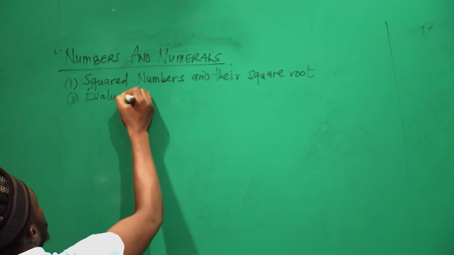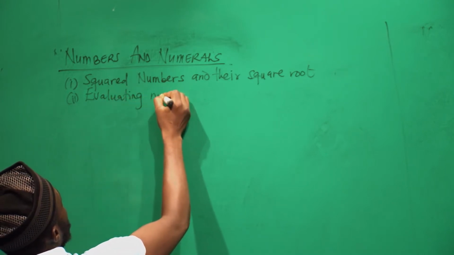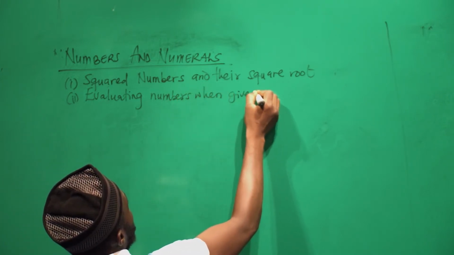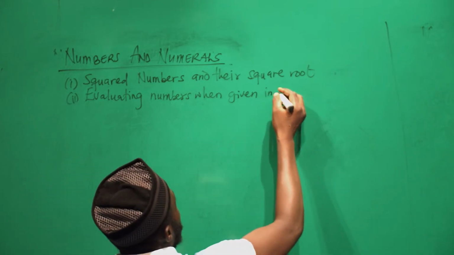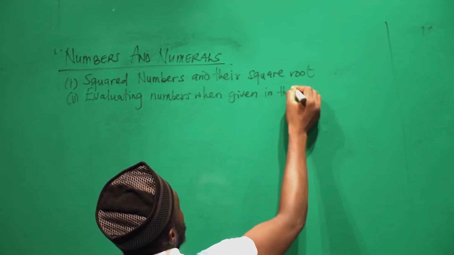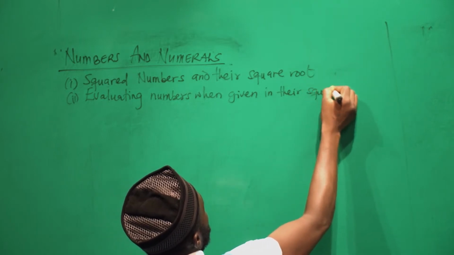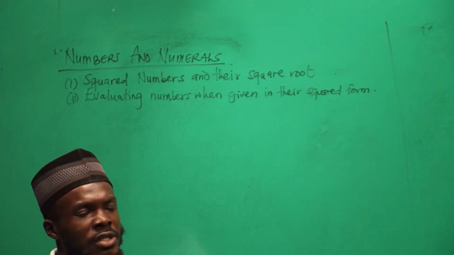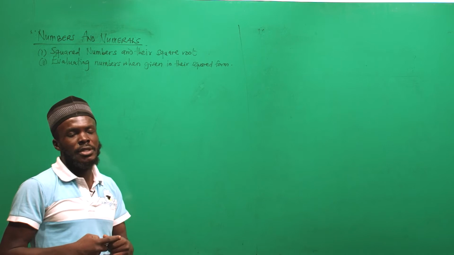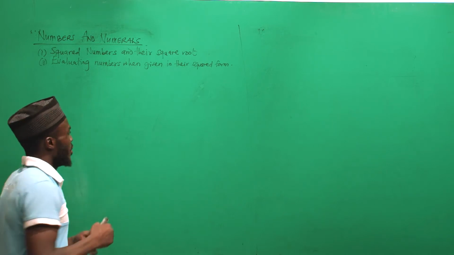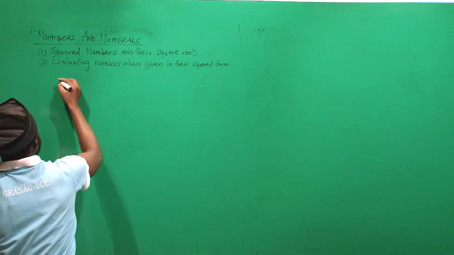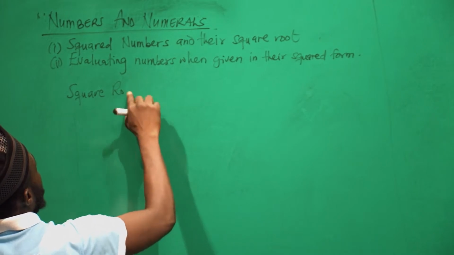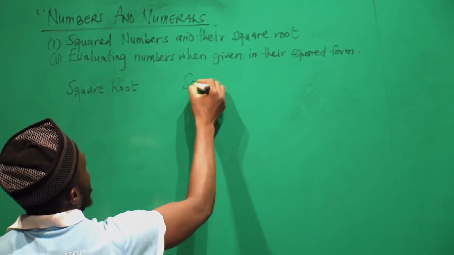Evaluating. For today's purposes, we should be able to know from numbers 1 to 20, that is the square root, then the squared numbers.